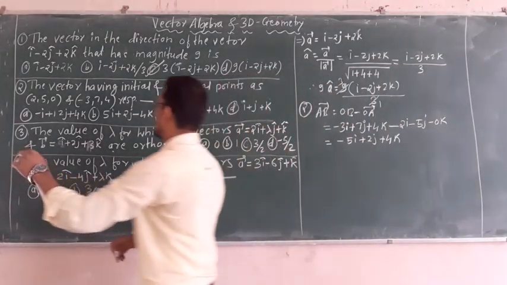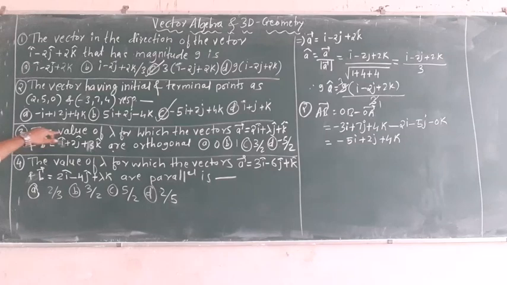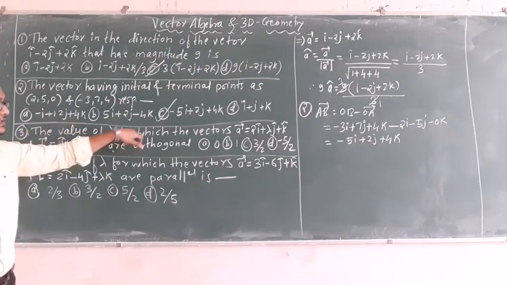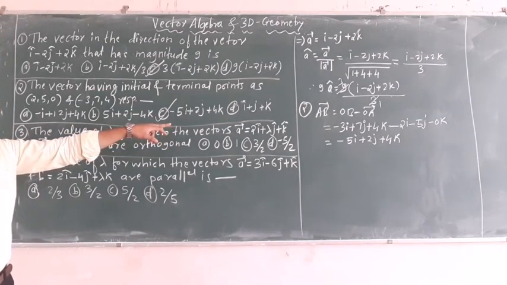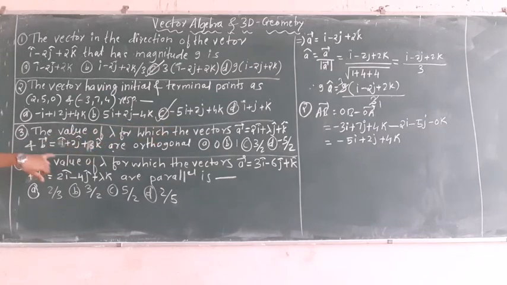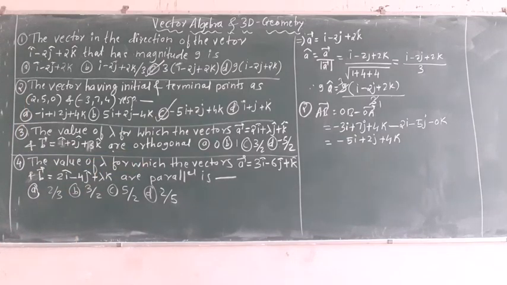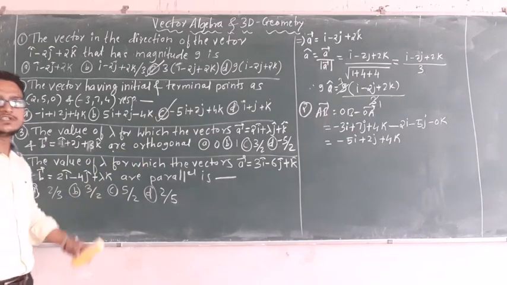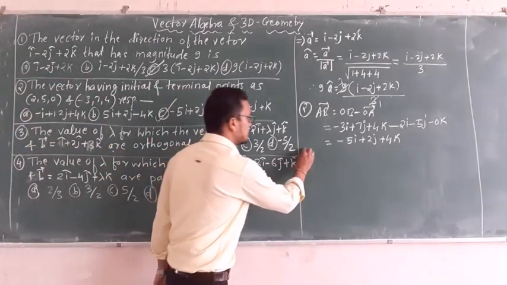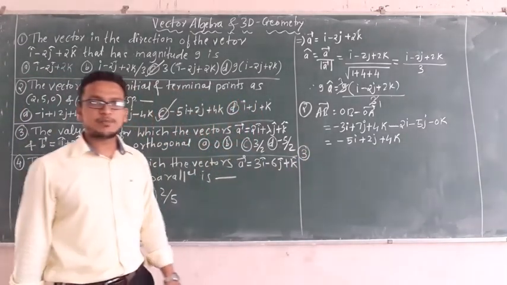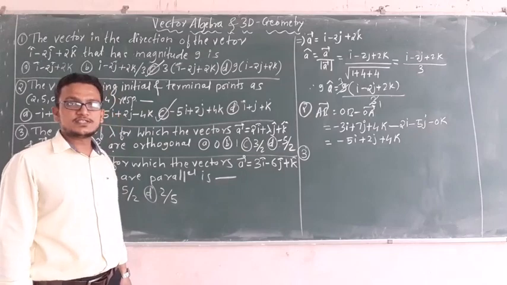Third example: the value of lambda for which the vectors A equal to 2i plus lambda j plus k and B equal to i plus 2j plus 3k are orthogonal. Orthogonal means almost the same as perpendicular. When two vectors are perpendicular, the dot product is 0.